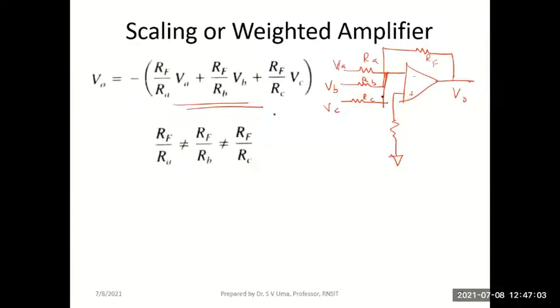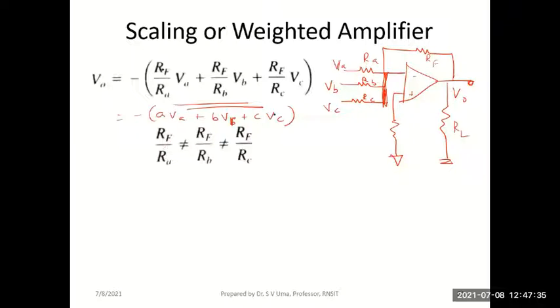We already derived the expression for the output voltage V0 in this circuit. You can either have a load resistance or you can skip it. With this expression, I clearly showed you this is in the form A VA plus B VB plus C VC, which is a constant times the input signal voltage. Hence, it is just scaling the input voltage to some value.